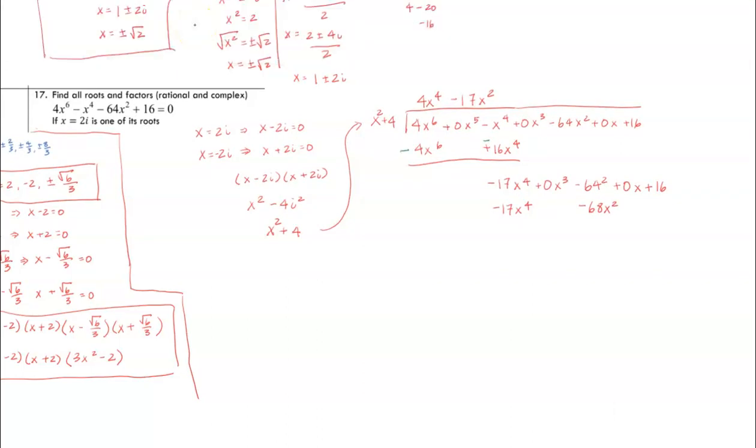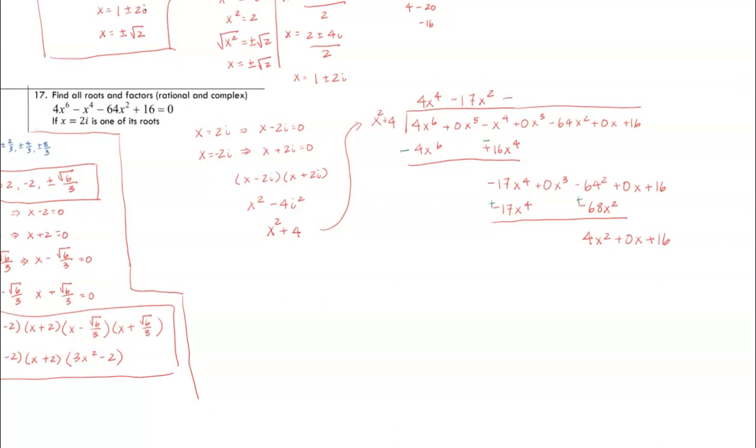Distribute the negative, so that's going to be a positive and a positive, so that you don't need to bring down that 0x to the cubed. So that is a positive 4x to the 2nd plus 0x plus 16.